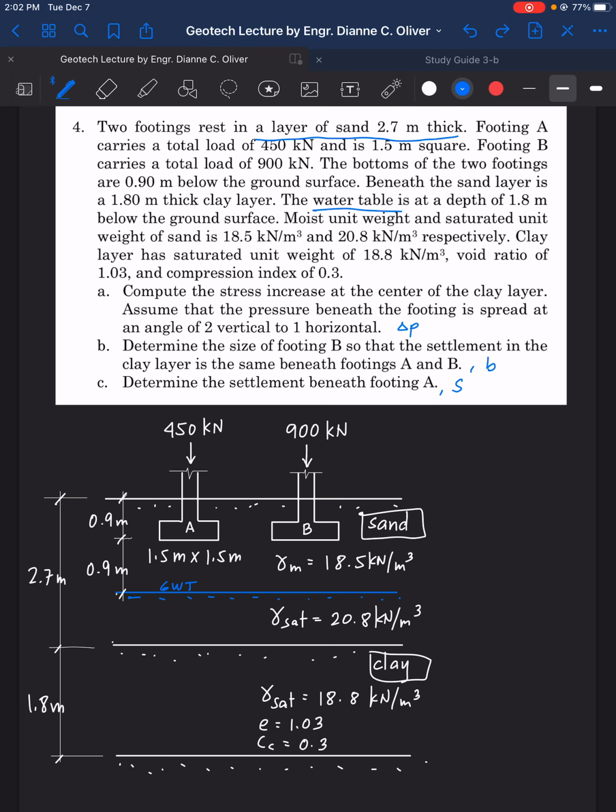But if you look at the two footings closely at the initial situation, only footing A has the dimension. So we can only solve here footing A. So this is not an erroneous problem wherein the examinee forgot to put which of the footings we are going to solve the delta P for. Rather, we analyze that it's actually looking for the delta P of the footing with a given dimension, and that is footing A.